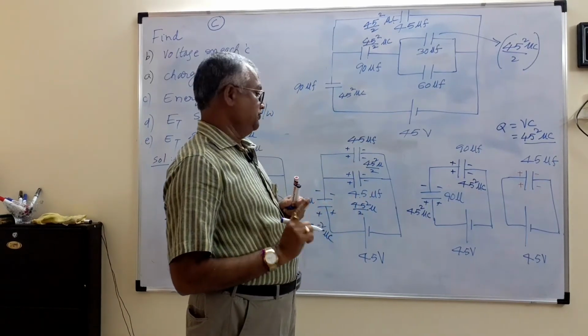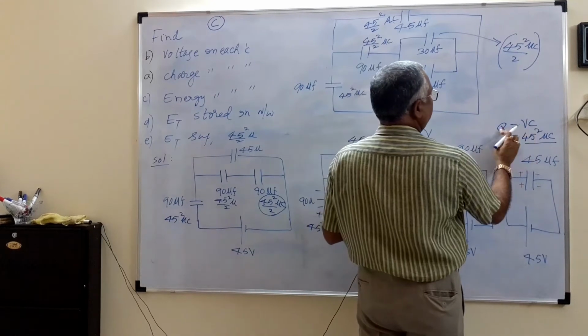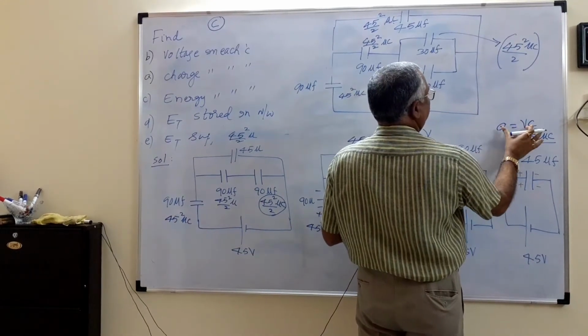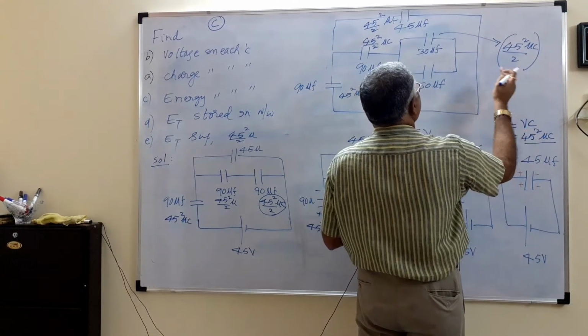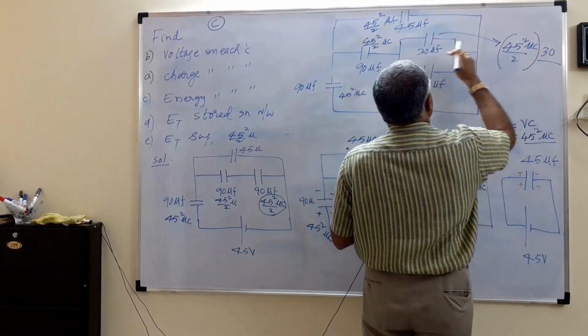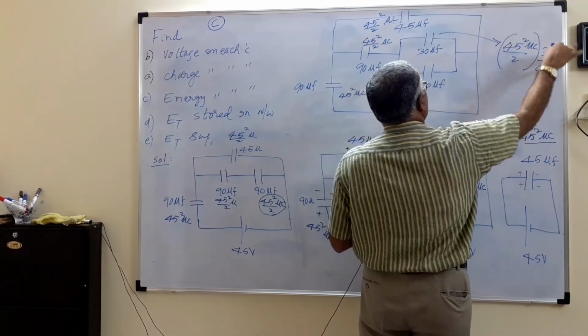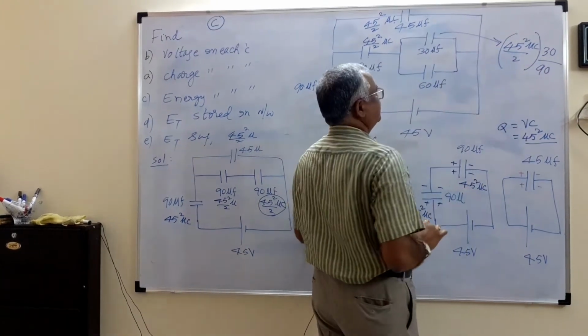So you have to use the charge division formula. Charge and capacitor, how they are connected, directly, na? So when they are directly proportional, what is the charge division? To get charge here, 30 by 30 plus 60, 90. So simplify, you get the charge in this.